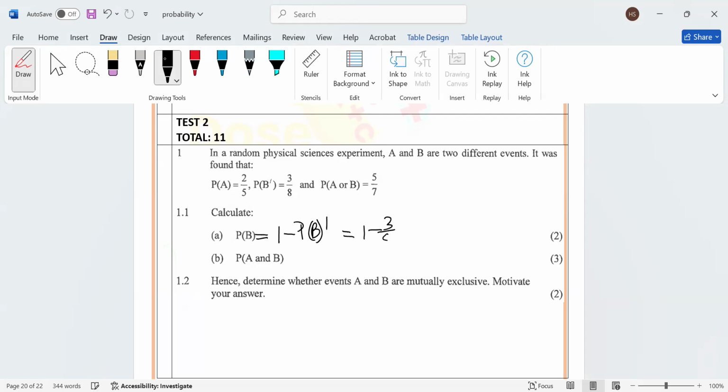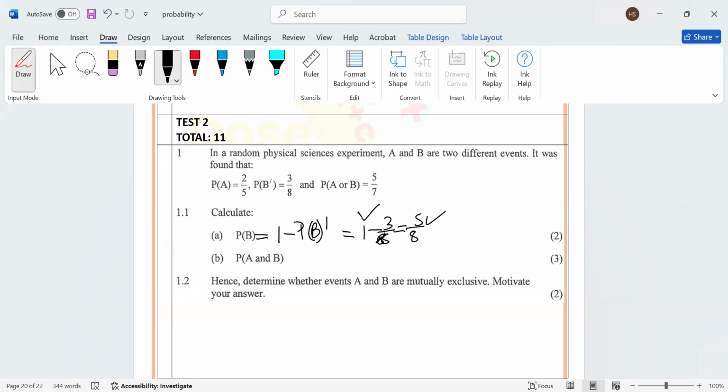It's 1 minus 3 over 8. What do you get for this one if we type this in your calculator? It's 5 over 8. We're going to give you 1 and 2 marks. Anton says it's 5 over 8. Go to the next one.